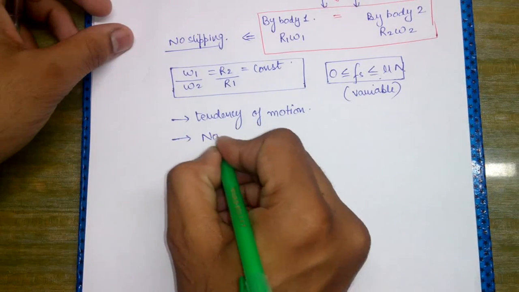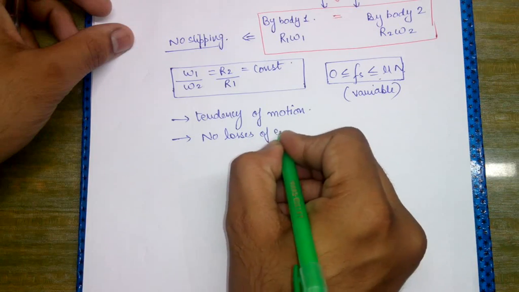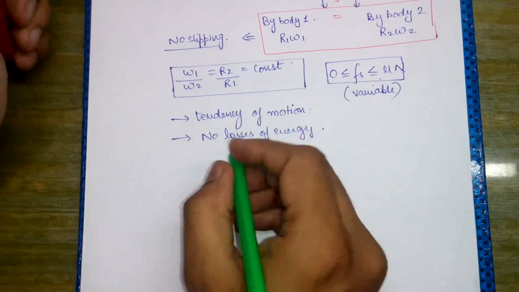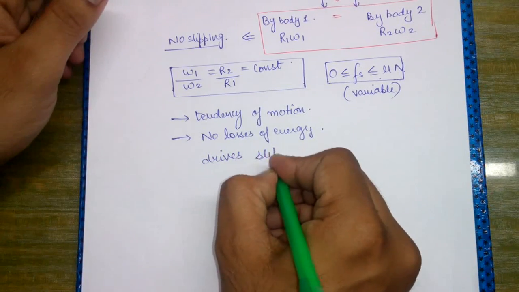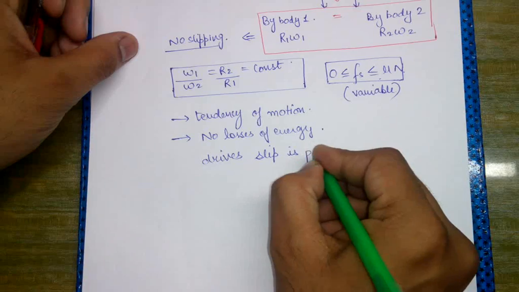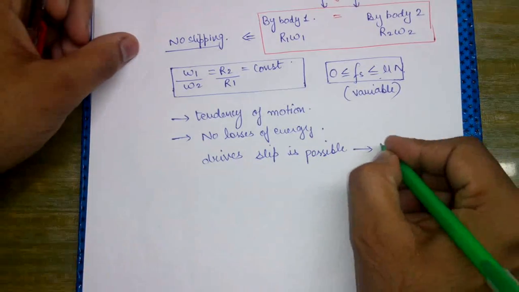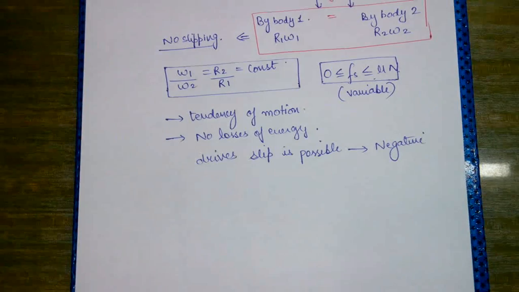So if we see that there are no losses of energy, and the drives where slip is possible, then those drives are called as negative drives.